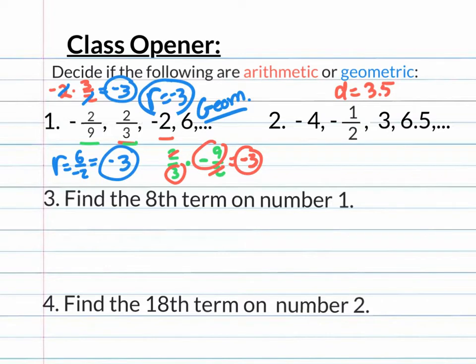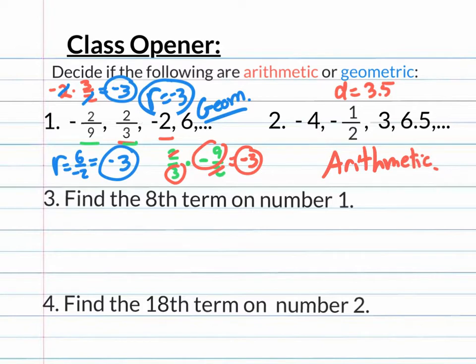If you go -1/2 minus a -4, it's really -1/2 plus 4, which is positive 3.5. So number 2, there is a common difference of 3.5, which means that number 2 is arithmetic.